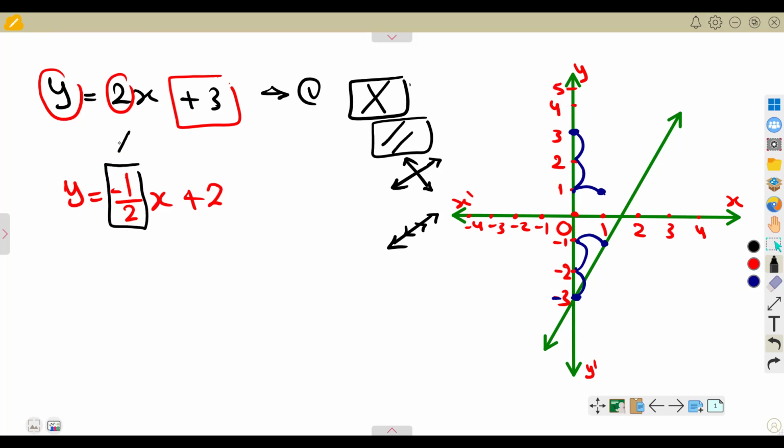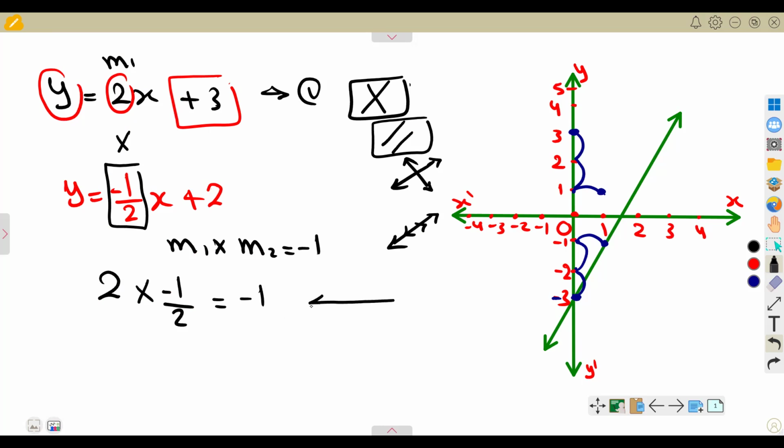Because the product of their gradients is negative 1. m1 is 2, m2 is negative 1 over 2, m1 times m2 equals negative 1. This means that the two lines are perpendicular.